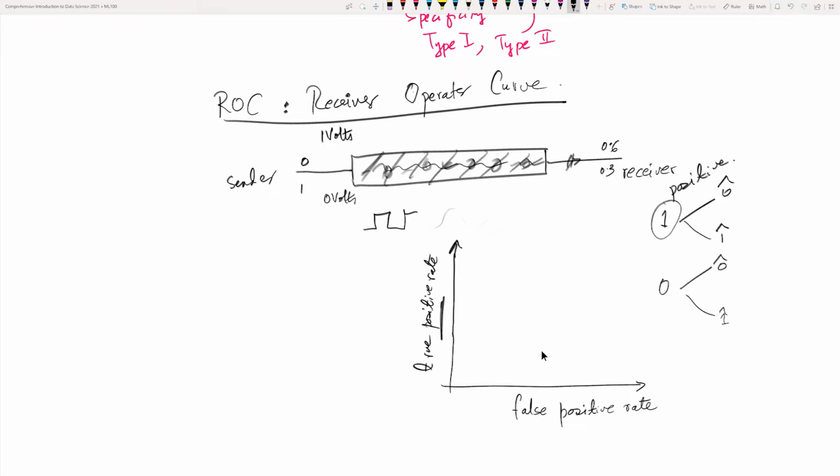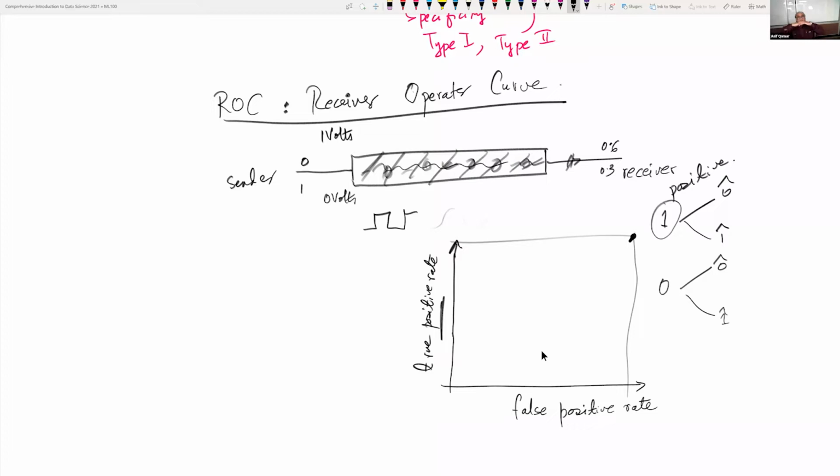Yes. But what will happen to your false positive rate? Most of the zeros will also convert over because they will shift a little bit to higher voltage and start showing up as well. So you will have a very high false positive rate. I mean, a very high true positive rate, capturing all the true positives, will also cause a very high false positive rate. So now you say, well, that is not something.